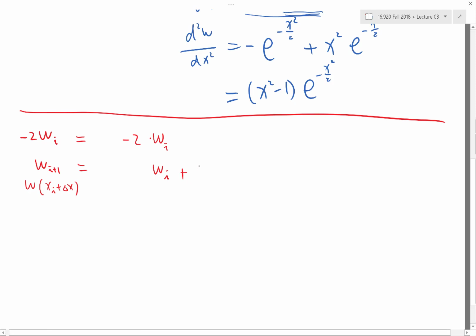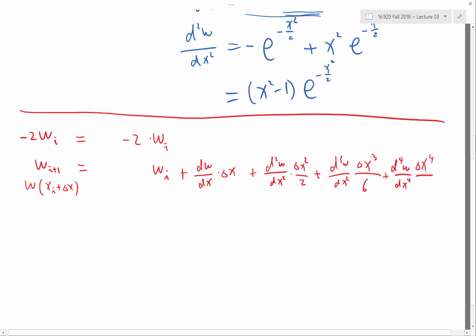We have a term proportional to dw/dx at x_i times delta x, a second derivative times half of delta x squared, a third derivative times delta x cubed divided by 3 factorial, which is 6, and a 4th order derivative times delta x to the 4th divided by 4 factorial, which is 24, plus O(delta x to the 5th).